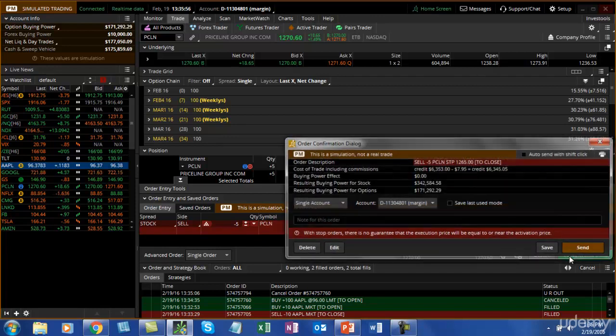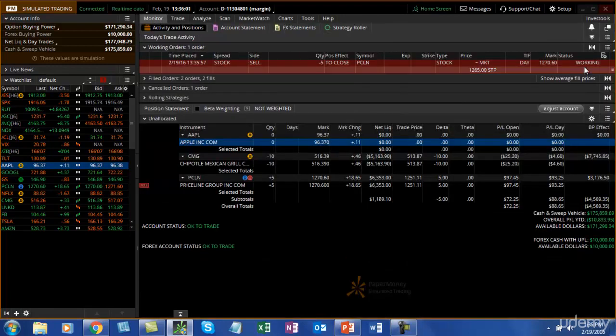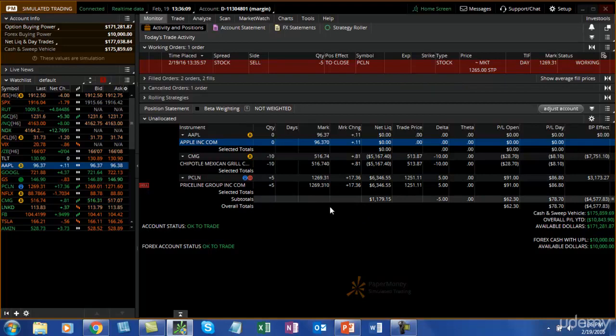If I confirm and send it, it's also going to remain in a working status because price line is not at 1265. This order will remain working until price line falls to 1265, and that's when the trigger will get triggered and the platform will sell your stock.